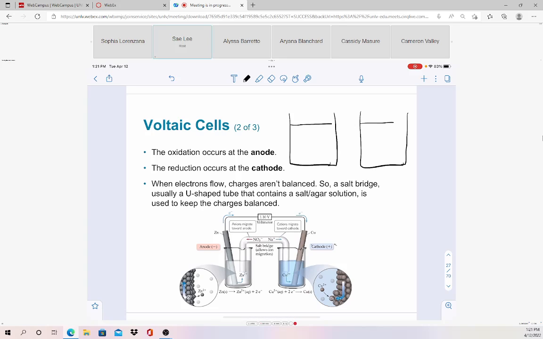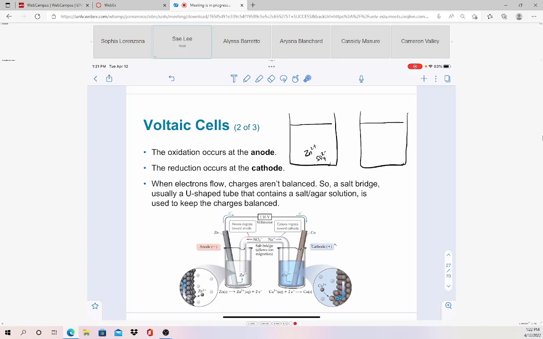So you have zinc 2+ and SO4 2- floating around in the system.